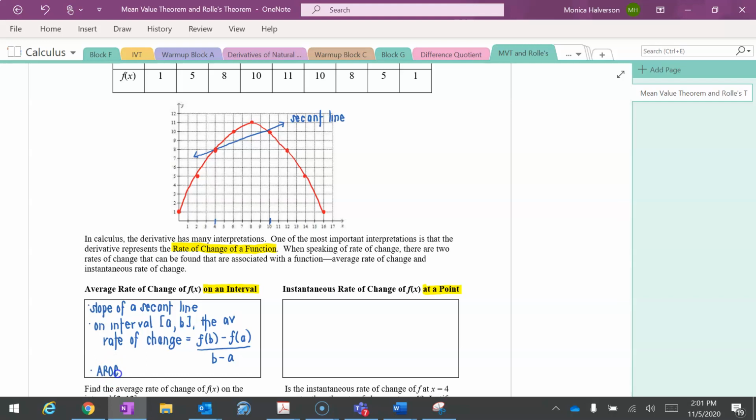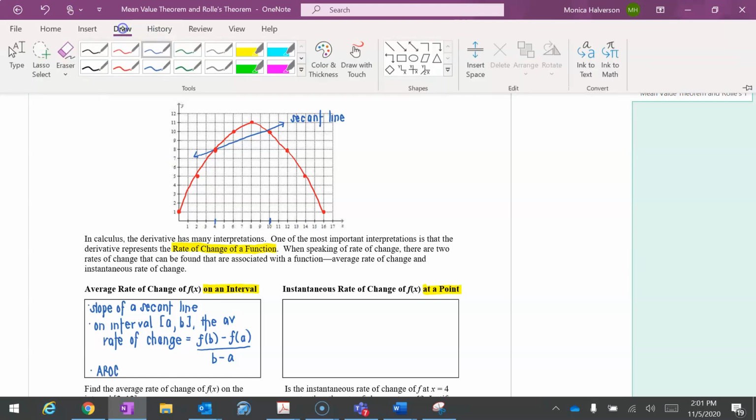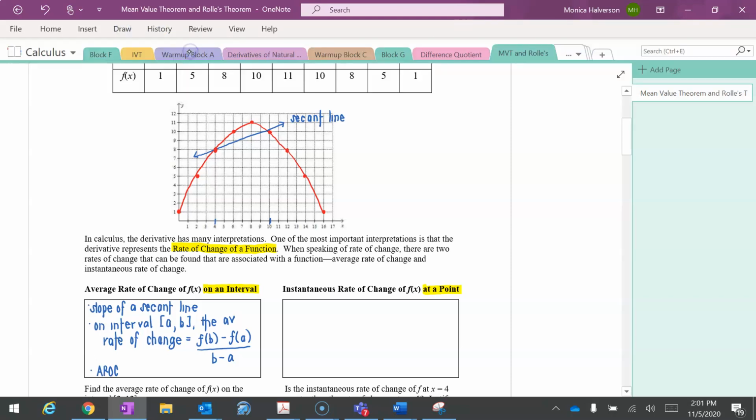Which you're using the slope formula. Now, if we're looking at the instantaneous rate of change at a point, so let's say we're looking at the point 14.5. The instantaneous rate of change would occur based off of this line. And here we should be recognizing that this is the slope of the tangent line.